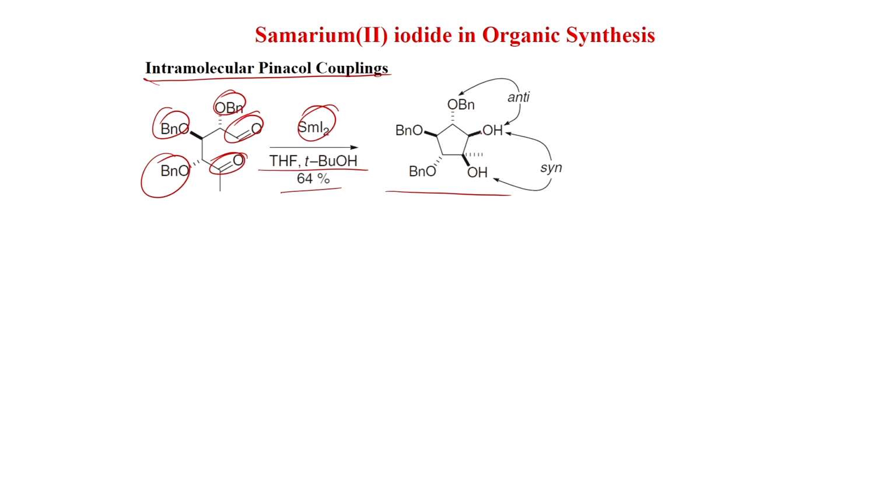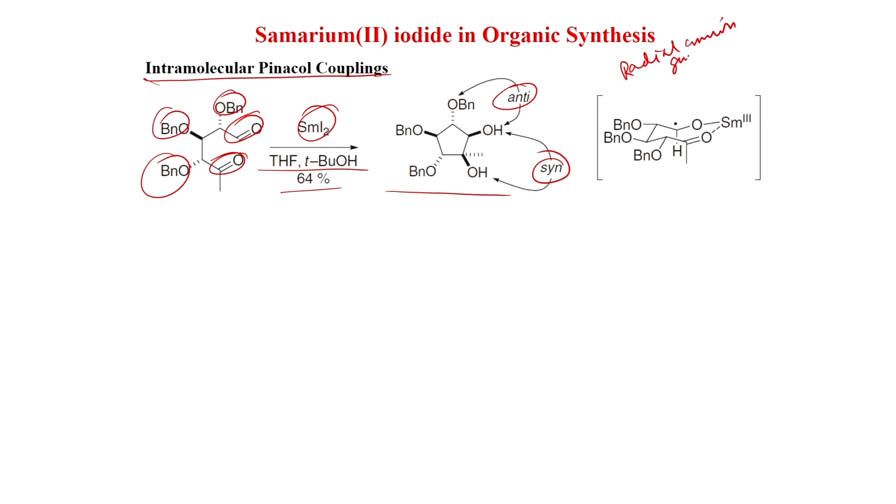You can see these newly generated hydroxy groups, and with the bulky group this hydroxy is anti. And we can propose a transition state like this pseudo chair, where all O-benzyl groups are in the pseudo equatorial position, and this is actually the radical anion geometry. This radical anion O minus here coordinates with the ketone.